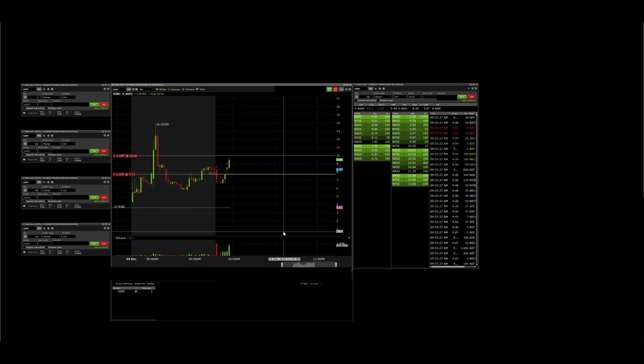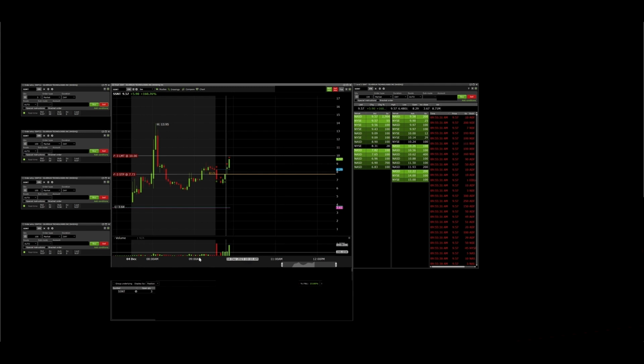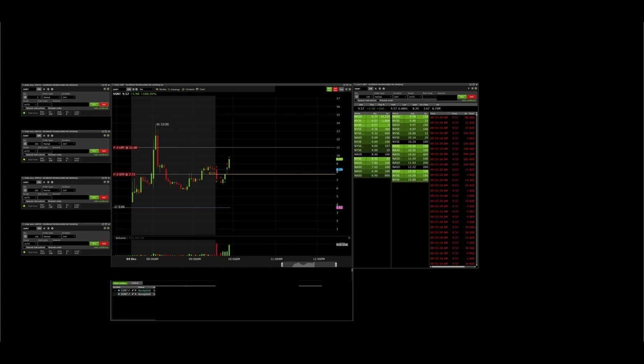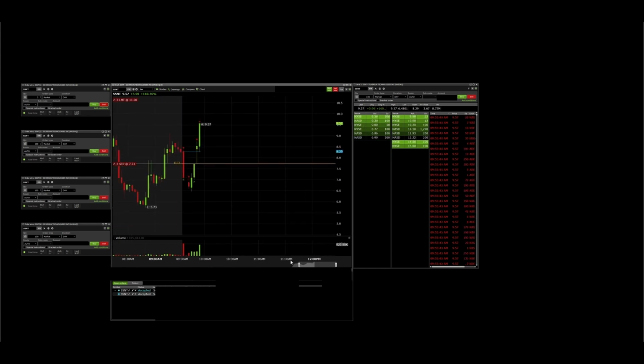The 9.10 that I put in was close to what it hit that pre-market peak, which was 9.13. So I put it in slightly below to ensure that if it did hit that point and reverse, I would have gotten out at a profit.